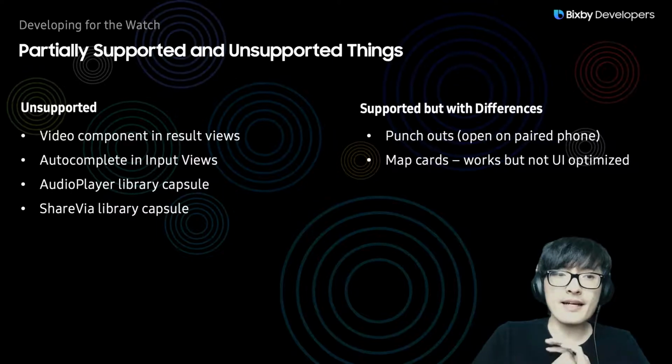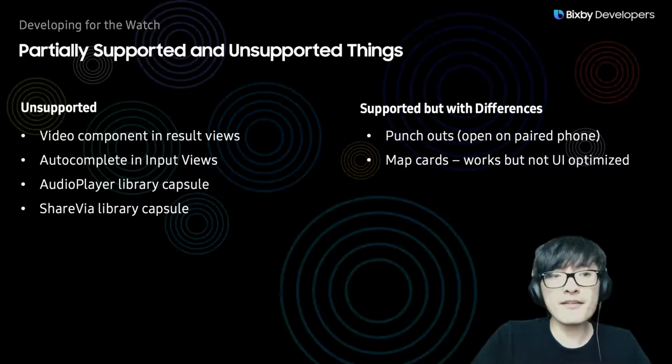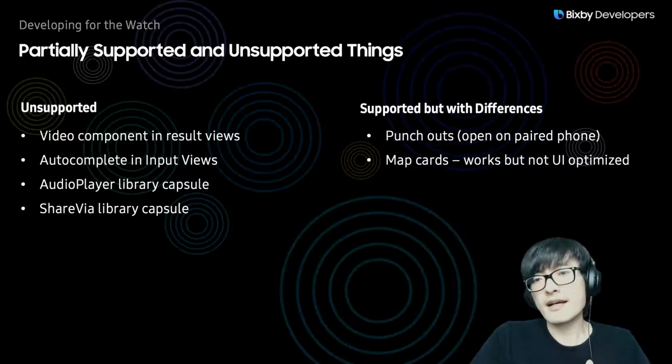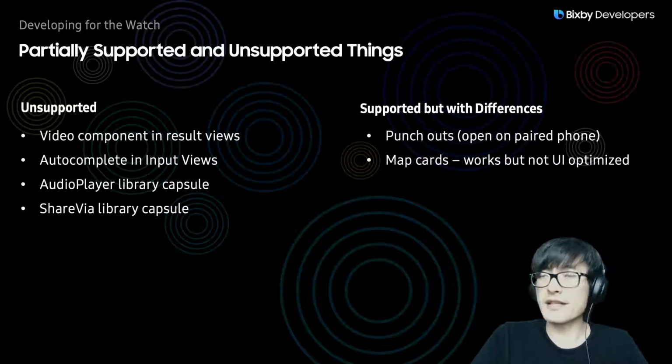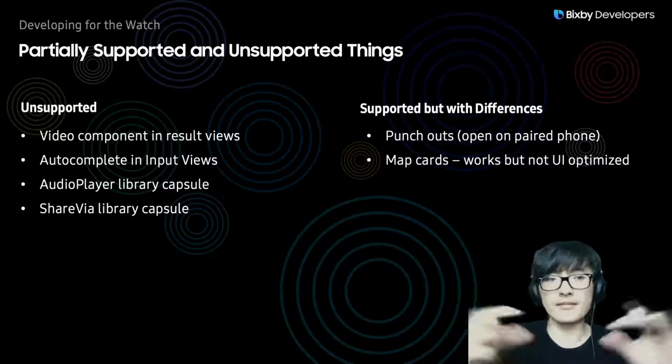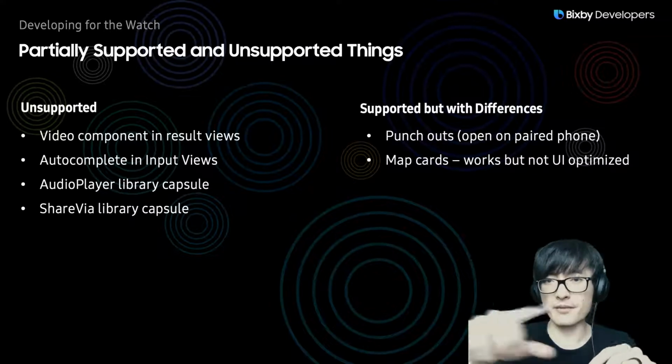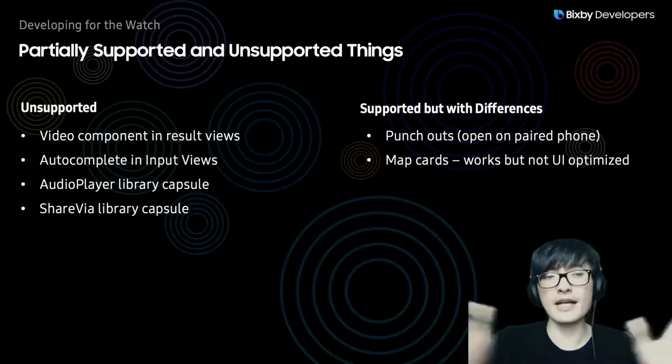And finally, let's talk about some unsupported stuff on the watch and some supported stuff, but with some differences. Unsupported things include video components and result views. You won't be able to put any fancy videos in your watch views. And autocomplete and input views do not work. So if you had the autocomplete views that you can type in like red, and then it would, you guys know what autocomplete is.